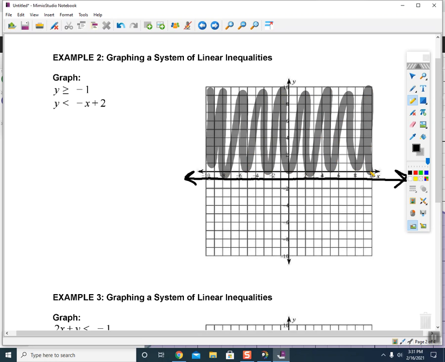Okay? Second one then is y is less than -x plus 2. Well, I know that this one's going to start at the y-intercept of 2. My slope is -1, which means I'm going to go down 1 over 1. Down 1 over 1. And this one is going to be a dotted line because it's just less than.